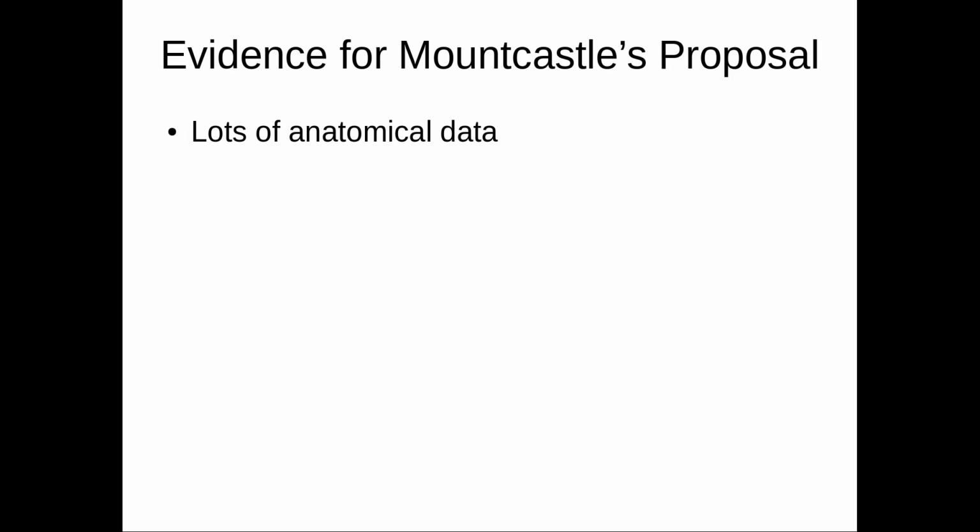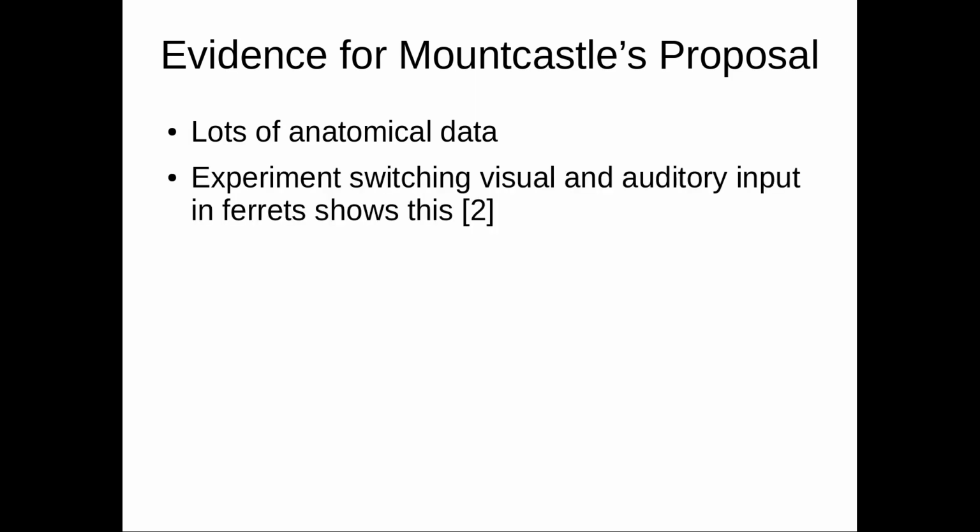But what I think is actually one of the most striking pieces of evidence for this theory is an experiment performed in the late 1990s, where researchers switched the visual and auditory input to the brains of ferrets. So basically, the part of the brain that normally processes sight now received information for sound and vice versa. And surprisingly, the ferrets were neither blind nor deaf.